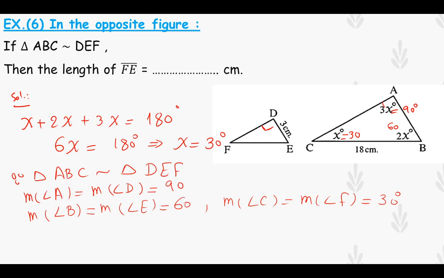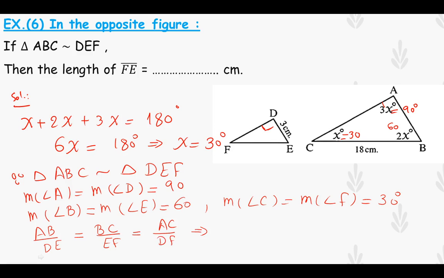Okay, but here we want to find the length of EF, so we will write the corresponding sides. So AB over DE equals BC over EF equals AC over DF.